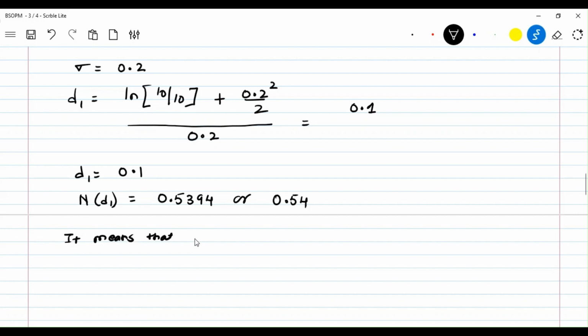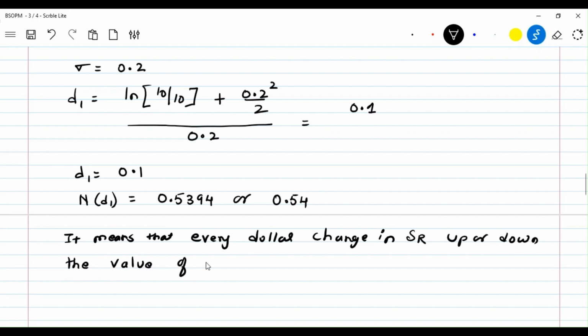It means that for every dollar change in stock price, or say spot rate, up or down, the value of the option will change by 0.45 cents up or down.